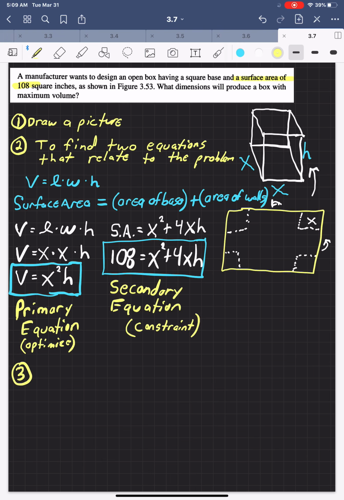So the goal of step 3 is to solve, and what I'm about to write next is important, solve the secondary equation so that you can plug in the primary equation.